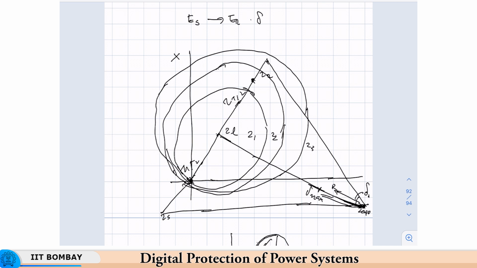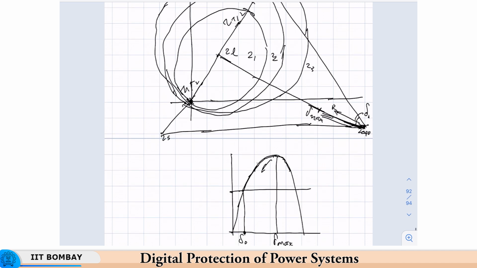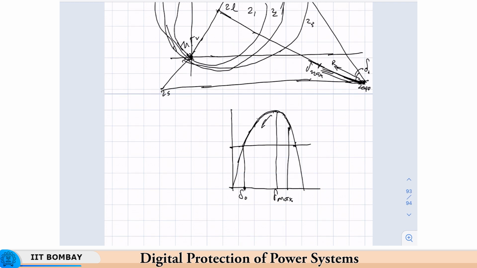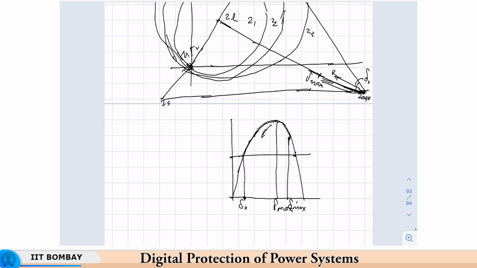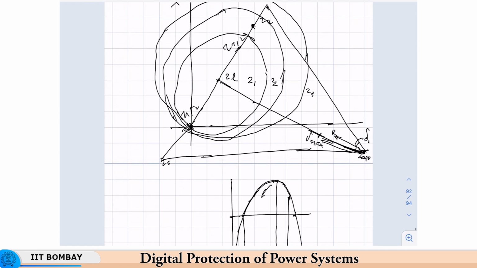Once it enters here, say your delta max is very large, say your delta max is somewhere here, not beyond this point, because once it goes beyond here, you will not get any decelerating area equal to accelerating area. And delta max dash is a little exaggerated, but say it is here.